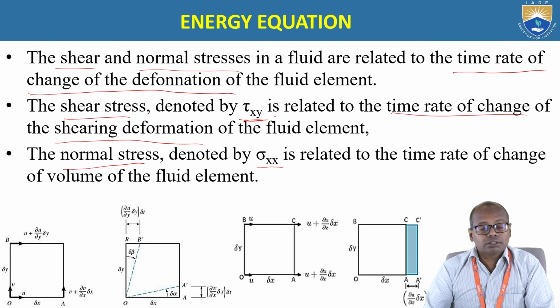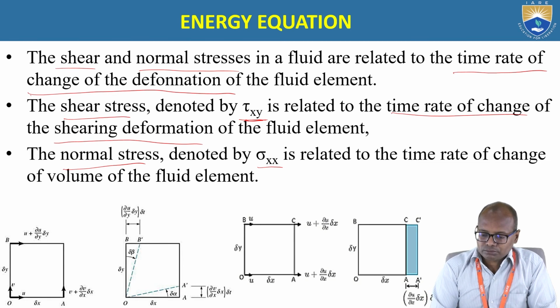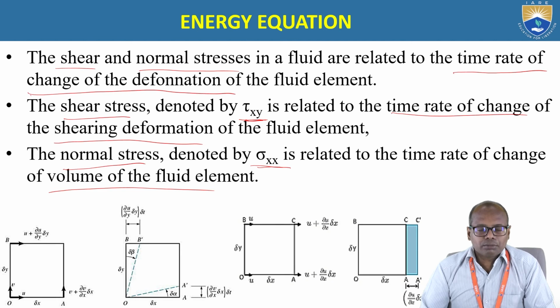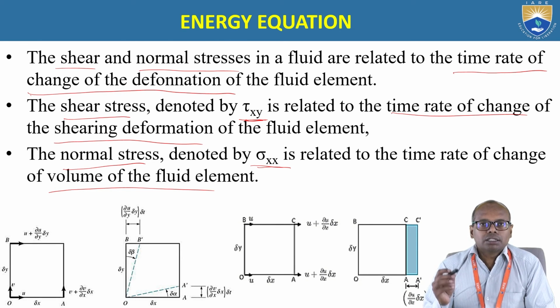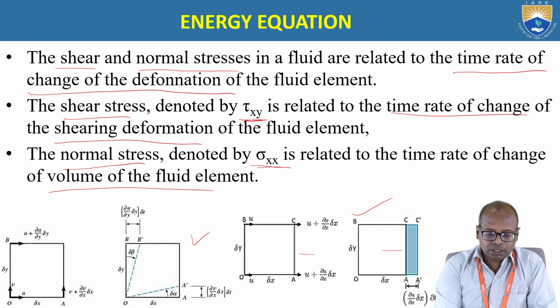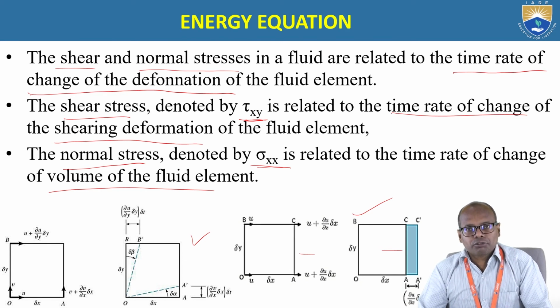But the shear stress acts in one direction but varies in the other direction. The normal stress is changing the volume of the element, and the shear stresses are giving some shear deformation, as shown in this diagram. So because of the normal stress there is a change in volume, and because of the shear stress it is causing a shearing deformation.